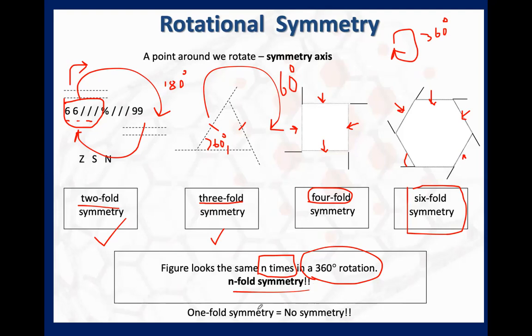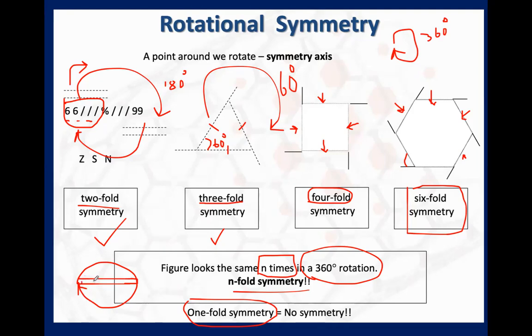Okay, so what about one fold then? You have two, three, four, five, six, seven, depending on the shape. But is there anything called one-fold symmetry? That means if you rotate an object through 360 degrees, you see it only one time, only the original situation.